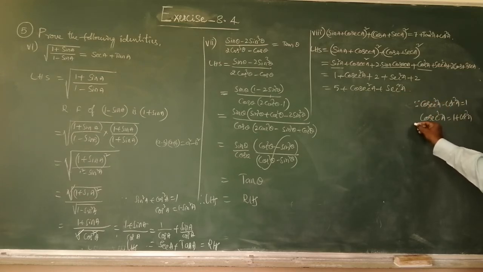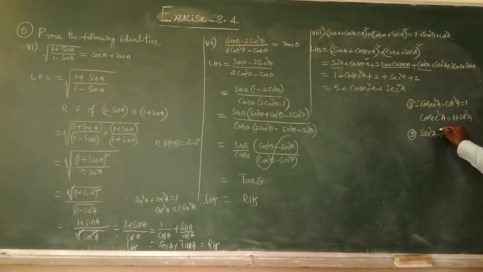And this is the second identity. What is the second identity? Secant square A minus tan square A equals 1. Therefore from here secant square A equals 1 plus tan square A.